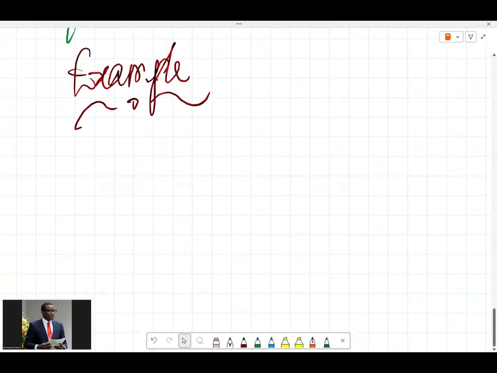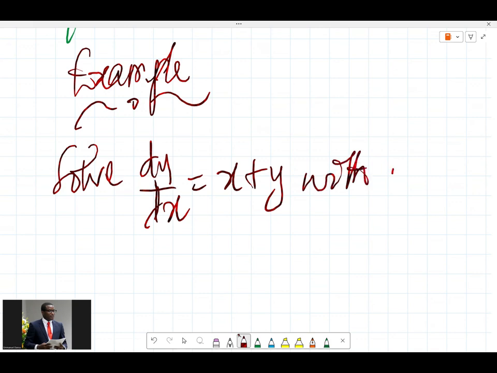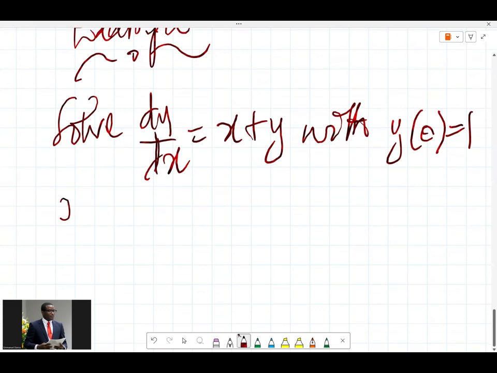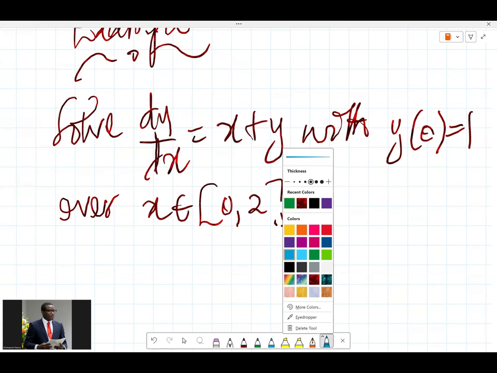Solve dy dx equals x plus y with y of 0 equals 1, that's the initial condition, over x in the interval 0 to 2. Exactly the same problem like we did previously. So let's go for this. Solution.